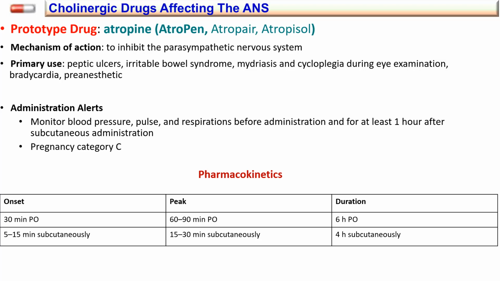That's cycloplegia. So mydriasis is connected to the cycloplegia during the eye examination. They dilate the eye because the effect of atropine is as a cycloplegic medication that will result in paralysis of the ophthalmic muscles.